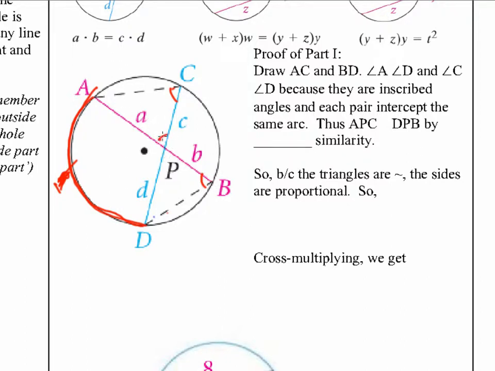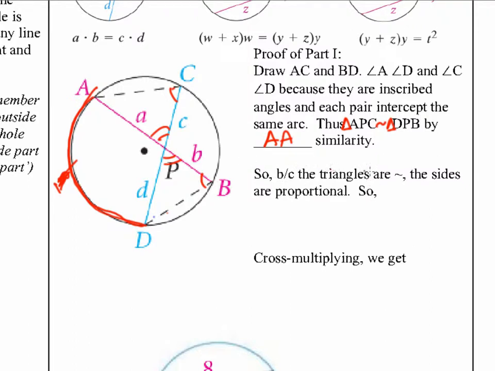Oh, we have vertical angles. So, we have that this triangle right here, and this triangle right here, triangle APC, and triangle DPB, are not congruent, but by angle, angle, they are similar.